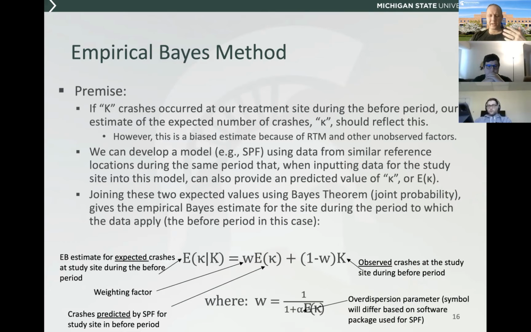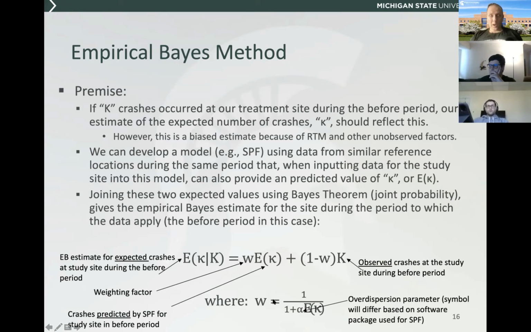We're just looking at the mean number of crashes that occurred within a control group that was similar. In this case, we're introducing a slightly more sophisticated model to arrive at that type of estimate instead. Okay, that makes sense?